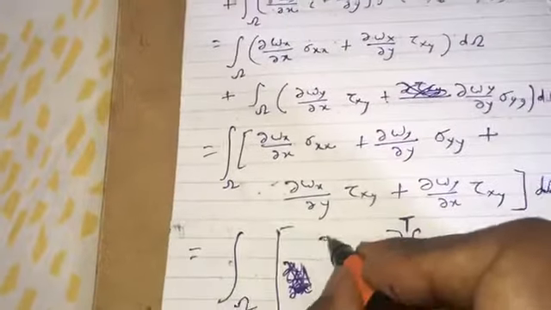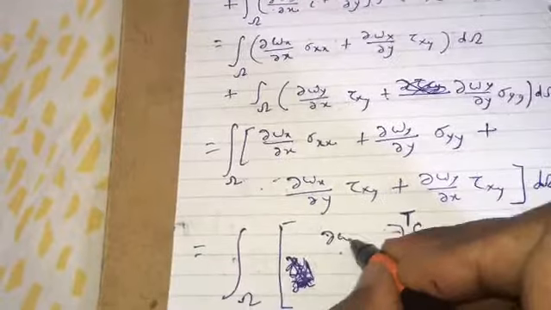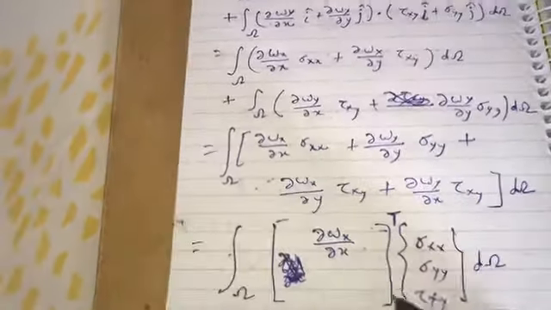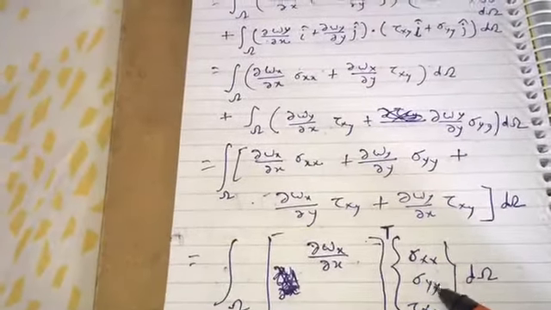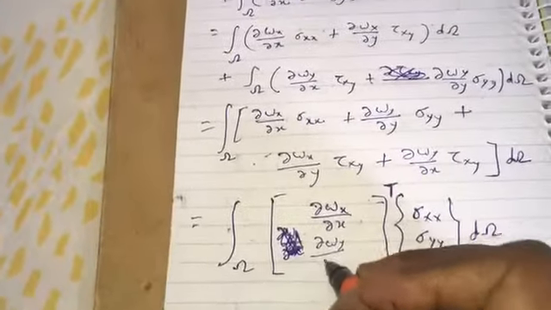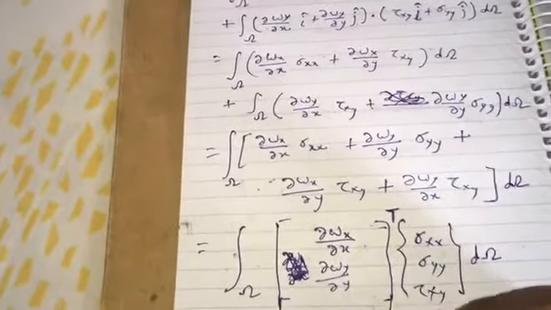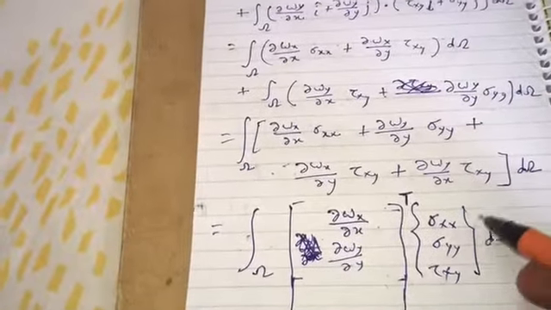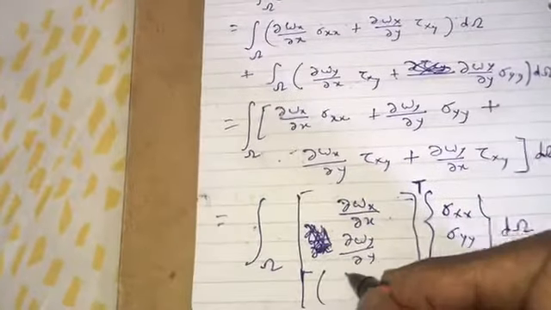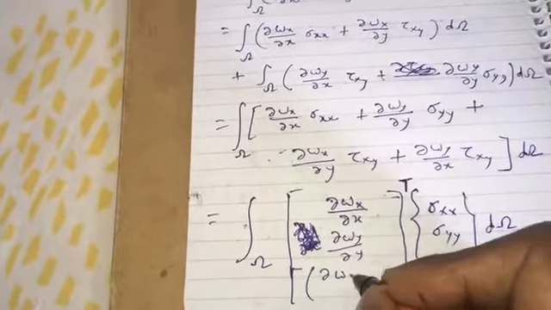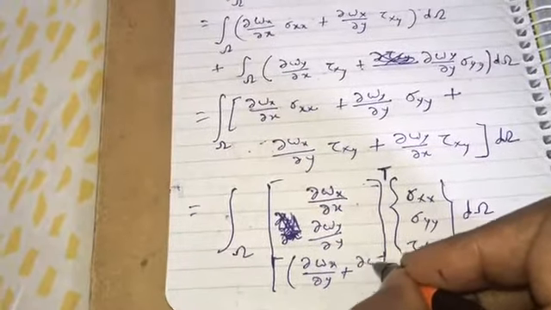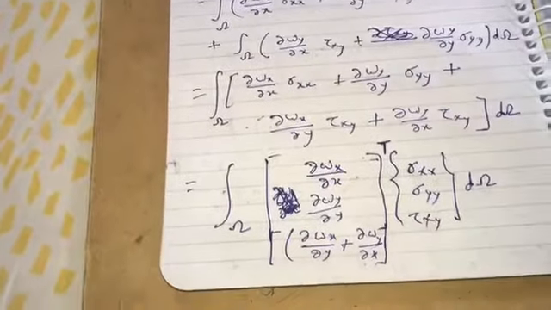The first term is del wx over del x, multiplied by sigma xx. The second term, multiplied by sigma yy, is del wy over del y. And the third term, multiplied by tau xy, is these two: del wx over del y plus del wy over del x.